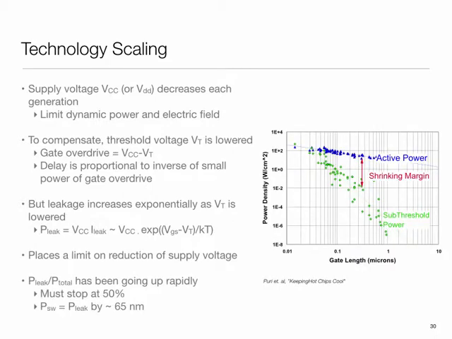So the upshot of all of this is that the ratio of leakage to the total has been going up very rapidly, and it hit the 50-50 point a few technology generations ago. That's 65 nanometer technology.